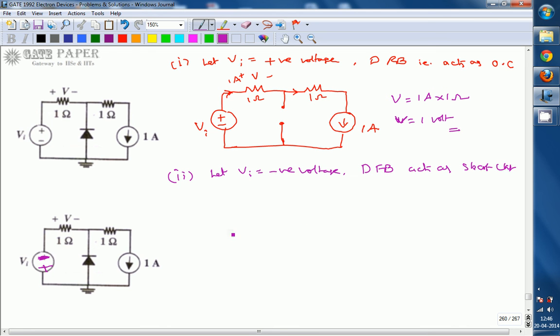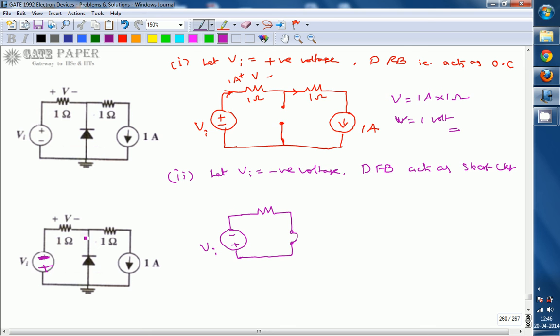By that time the diode becomes forward biased and acts as a short circuit. With the diode acting as a short circuit, the current flows in this direction. This is the resultant circuit diagram, and you are applying a negative Vi.